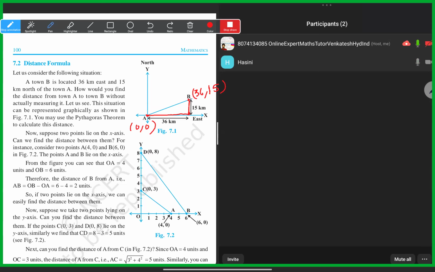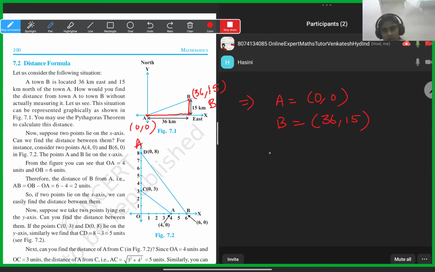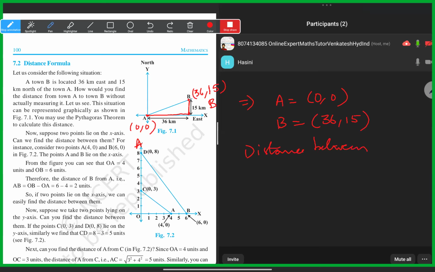So 15 is the y coordinate, which is along a vertical line, because the vertical line is the one measured perpendicularly from the x-axis. So we have already found the distance between these two towns, because in that question also A is (0, 0) and B is (36, 15). So the distance between the towns is indirectly the same answer.